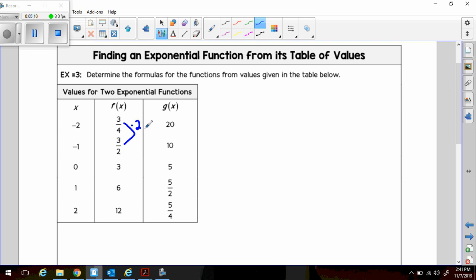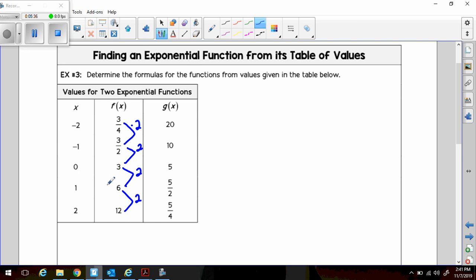These would cancel, and 2 goes into 4 twice. 3/2 times 2 would give us 3. 3 times 2 would give us 6, and 6 times 2 would give us 12.